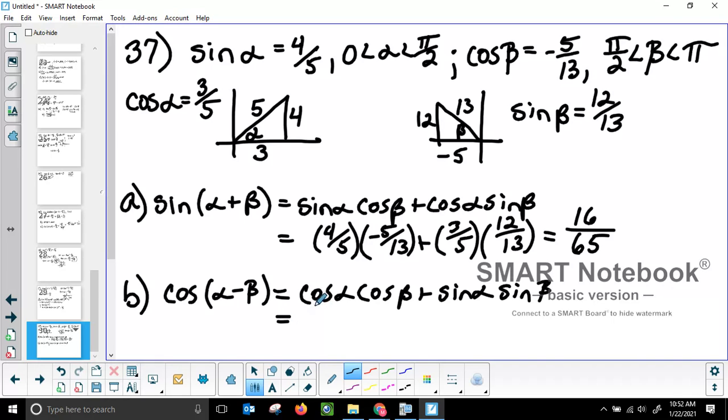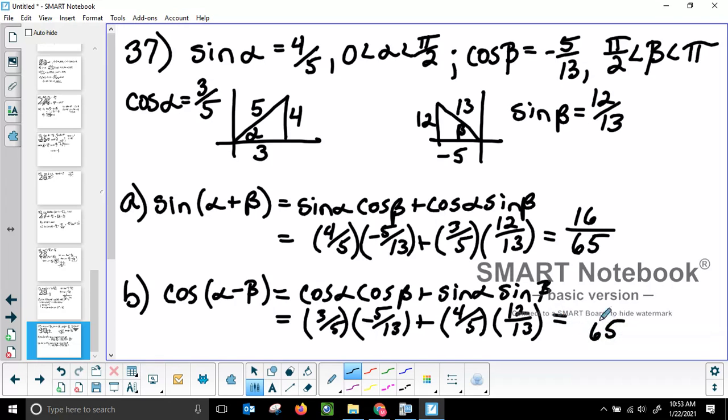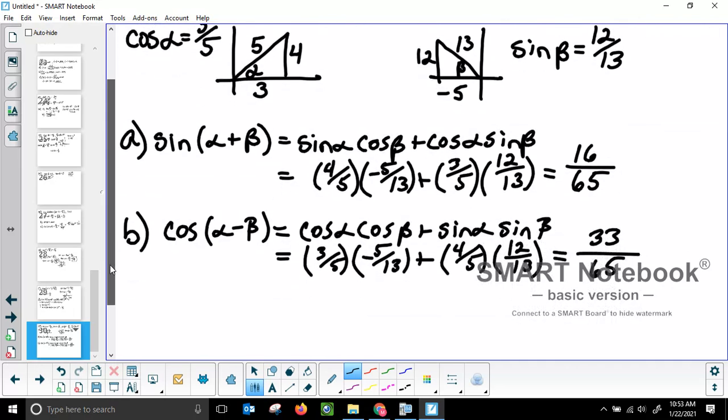Cosine of alpha is 3/5 times cosine of beta is -5/13 plus sine of alpha is 4/5 times sine of beta is 12/13. Again, our common denominator is going to be 65. So we're going to get -15 plus 48, so that's going to be 33, if I did that correctly in my head.